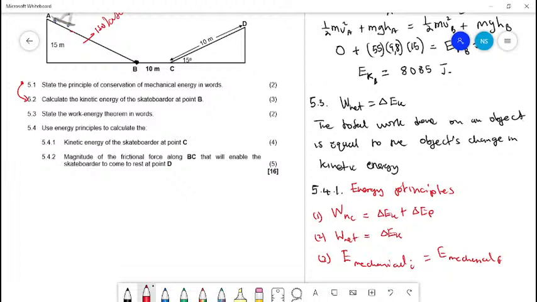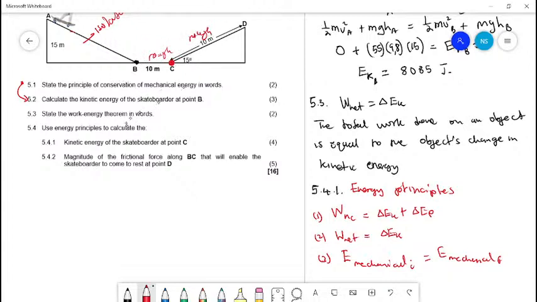So what we see here is that for sure we can't use the third formula, because the third formula is the principle of conservation of mechanical energy. And now they want a quantity for point C, and you know that BC is rough, right? This is rough and also rough.